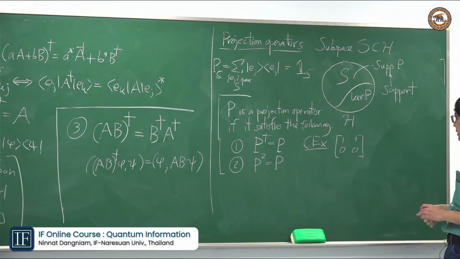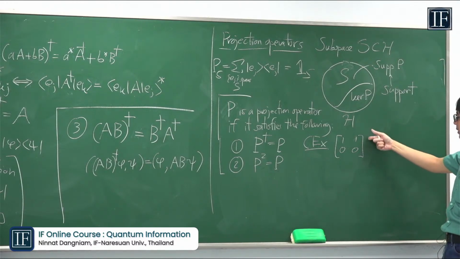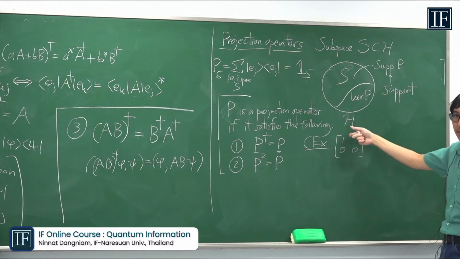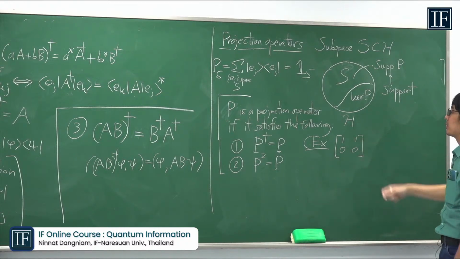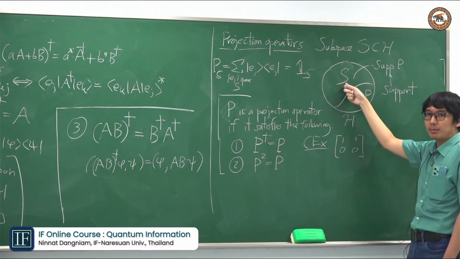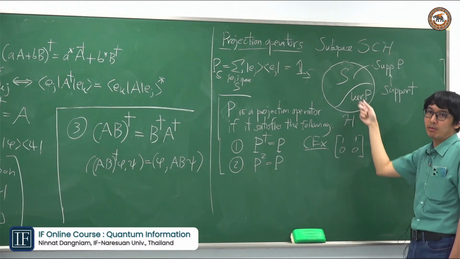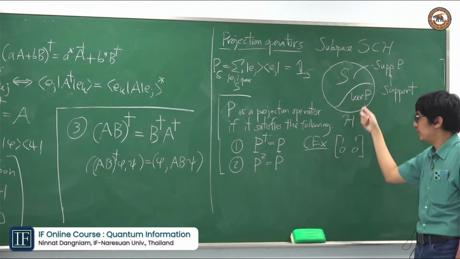But what is wrong with this? Basically, it maps both basis elements to the same subspace, right? So it sort of leaves some subspace alone, but it doesn't get rid of the vector component in the orthogonal subspace.